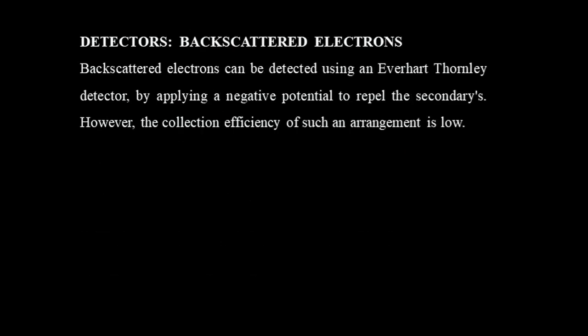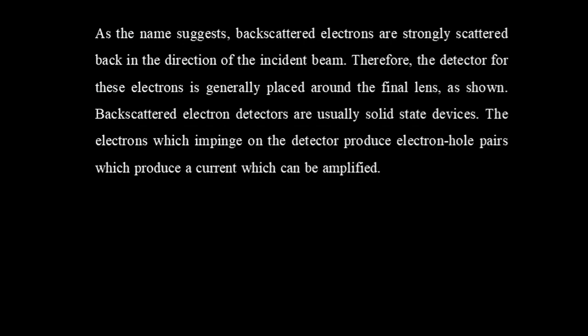Next, the backscattered electrons. The backscattered electrons can be detected using the Everhart-Thornley detector by applying a negative potential to repel the secondaries. So, the collection efficiency of such an arrangement is low. As the name suggests, the backscattered electrons are strongly scattered in the direction of the incident beam.